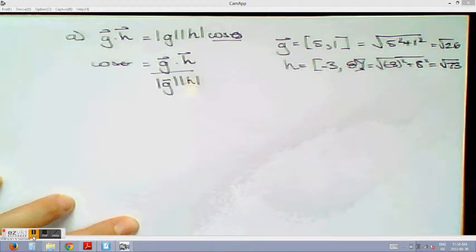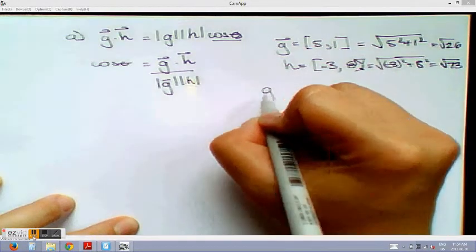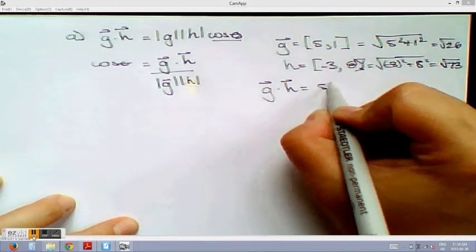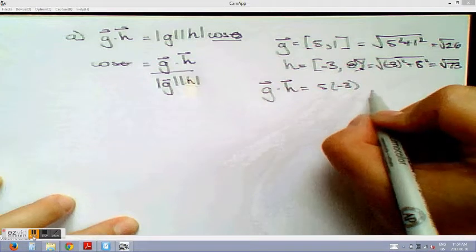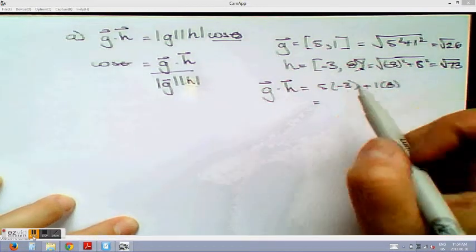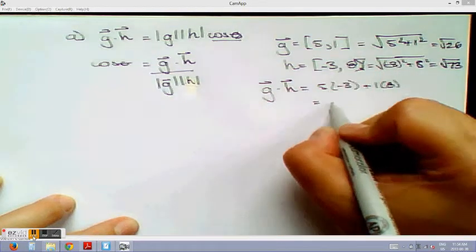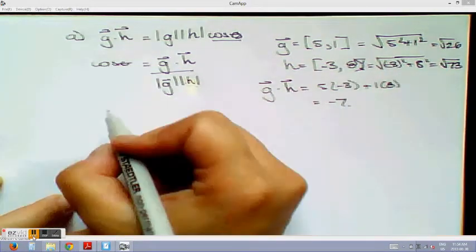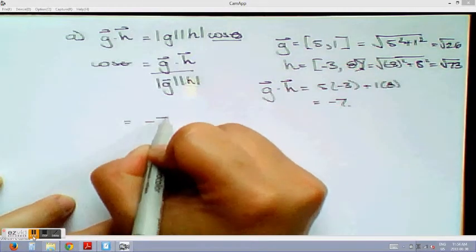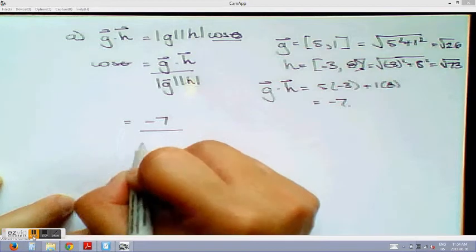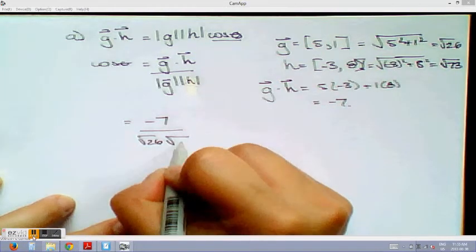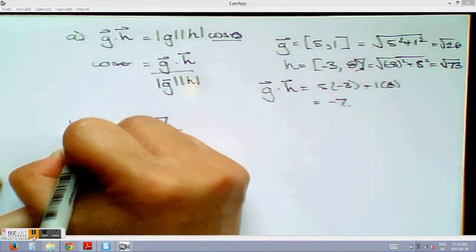Okay, and then if we find G dot H, 5 times -3 plus 1 times 8 would give us, working that out, -7. And now putting it back into our equation, -7 over the square root of 26 times the square root of 73 is the cosine of theta.